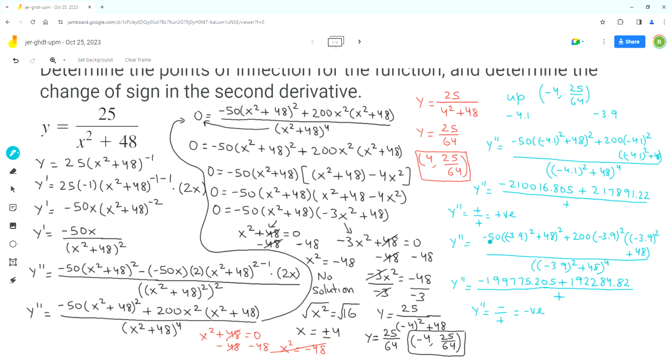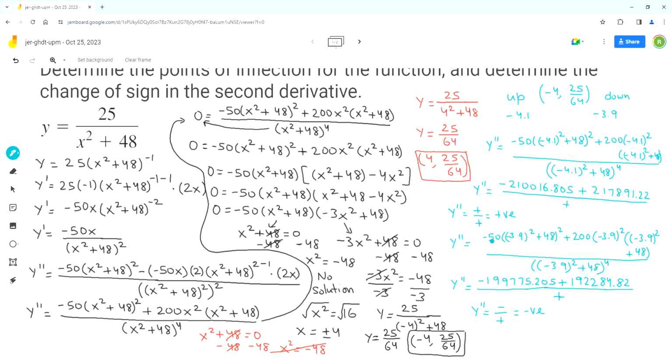That means the curve is concave down on the right side of this inflection point. So as we go from left to right, the concavity of the function changes from up to down as we pass through this inflection point.